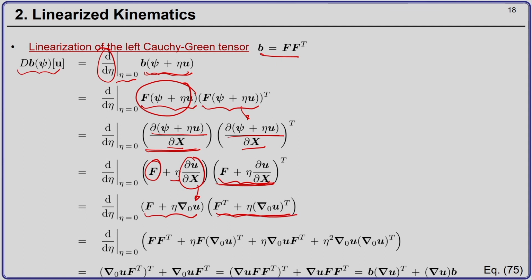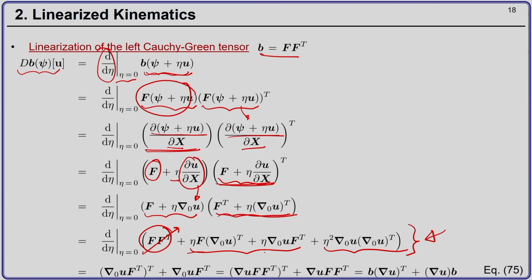I can open up the bracket. Therefore, I will have a constant term, I will have 2 terms which have eta, and I have 1 term which has eta square. Once I have this in terms of eta, I can take the derivative of this quantity in the bracket with respect to eta. If I do this, the first quantity does not have any eta, so it goes away.